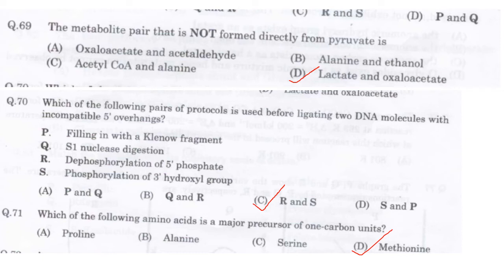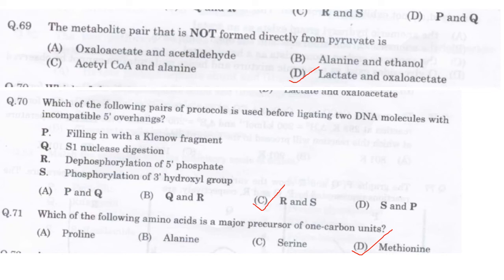Which of the following pairs of protocols is used before ligating two DNA molecules with incompatible 5' overhangs? Filling in with Klenow fragment, no. S1 nuclease digestion, no. Dephosphorylation of 5' phosphate, yes. Phosphorylation of 3' hydroxyl group, yes. So the answer is option C, R and S.